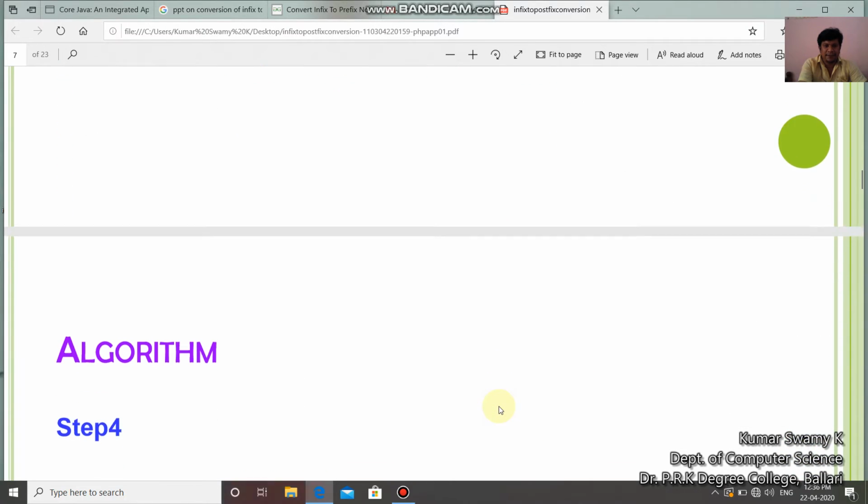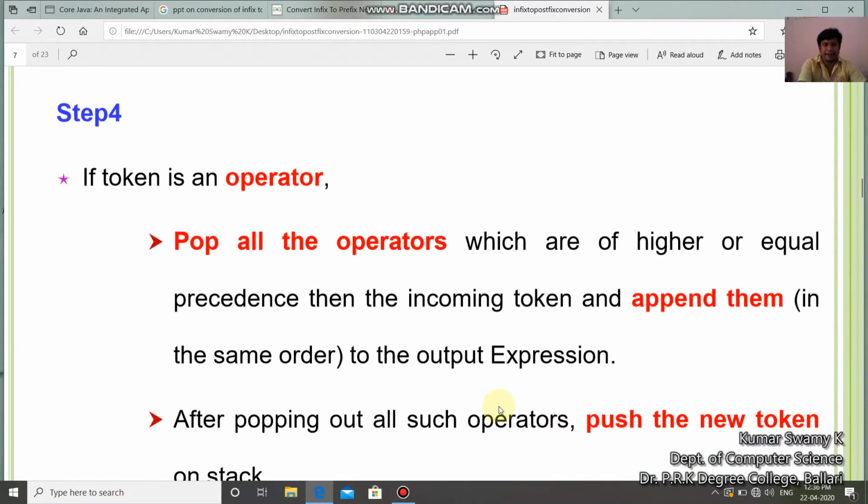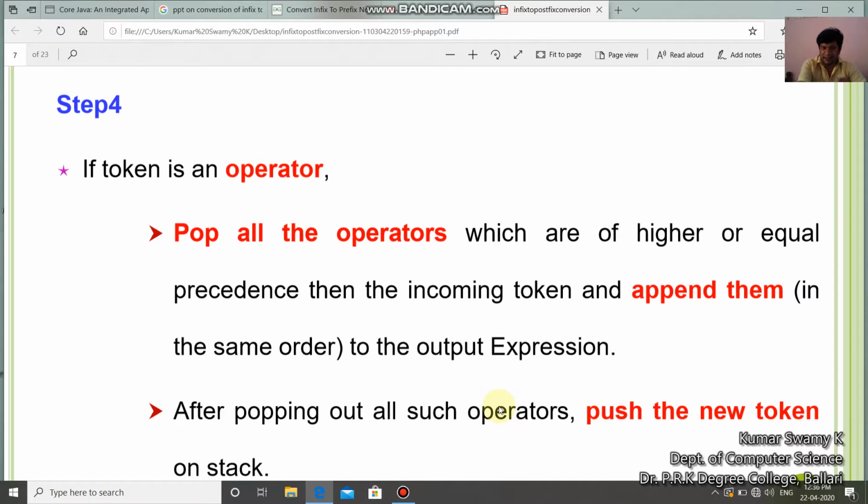And the fourth step: if the token is an operator, pop all the operators which are of higher or equal precedence than the incoming token and append them.